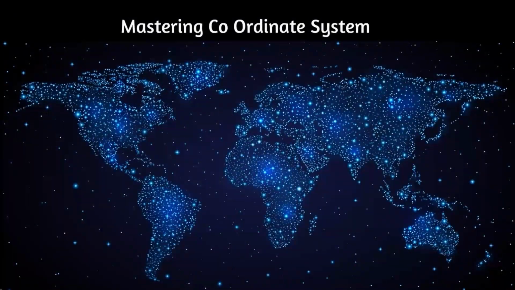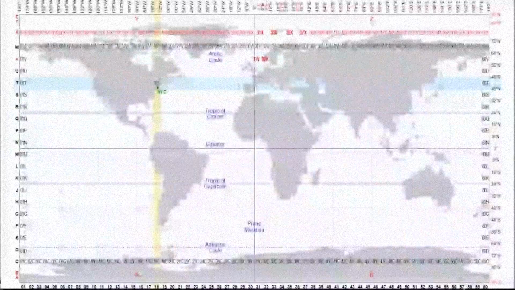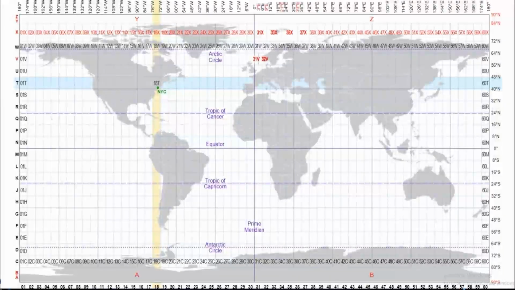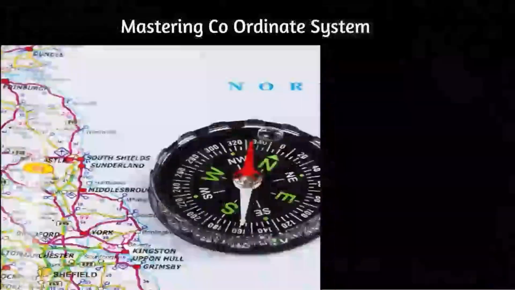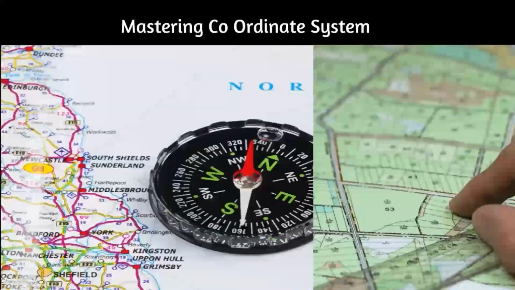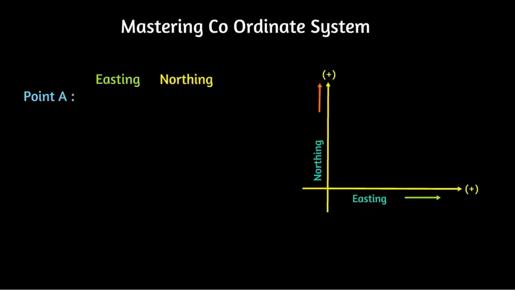How is it used in road surveys? Every survey point has a unique easting, northing value. This helps engineers accurately plot roads, buildings, and land boundaries. Suppose a surveyor marks 2 points. Point A easting equals 5,000, northing equals 3,000.